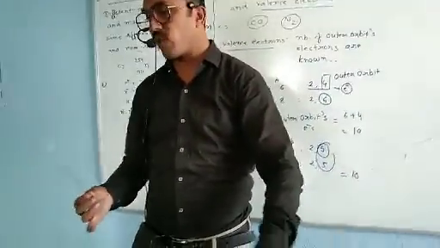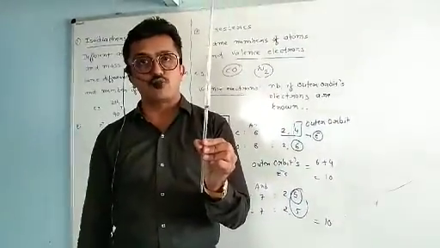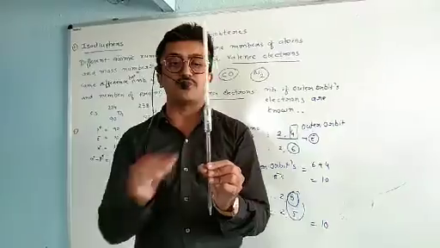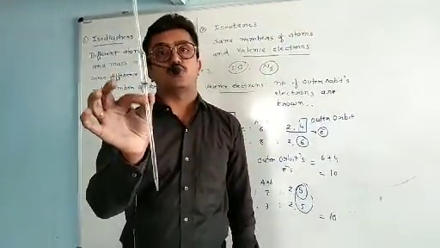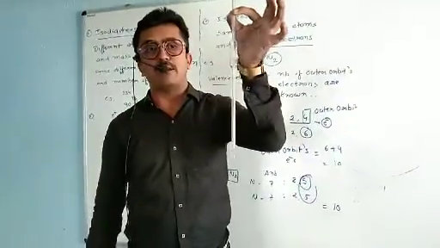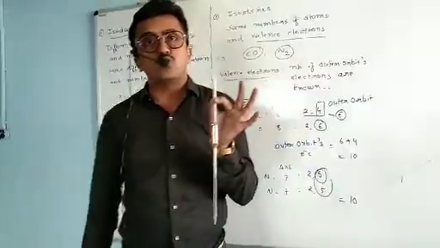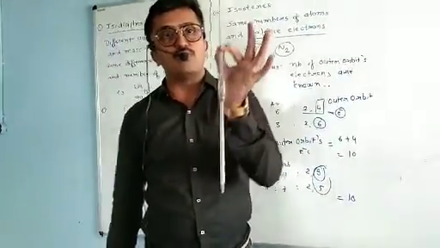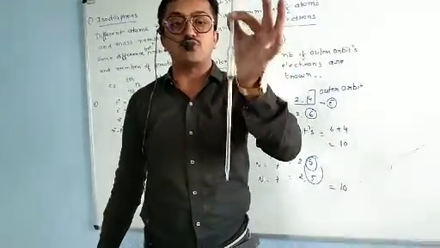Then the second one, which is again very important for chemistry, for the measurement of concentration, is the pipette. What is the name? Pipette. The capacity of this pipette is only 10 ml. If we want to take 10 ml of solution, then we will take this pipette. But how can we fill the solution in the pipette?